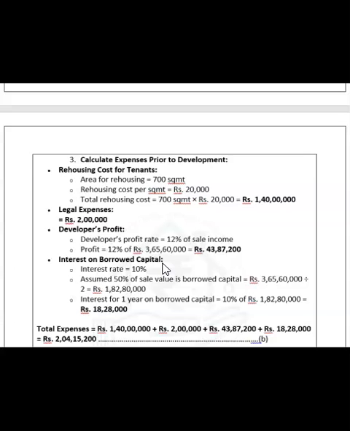First month he may require 50 lakhs, second month 40 lakhs, 30 lakhs. So total borrowing is 365 lakhs. Average interest will be applicable say on 50%. Interest for 1 year on borrowed capital, 10% of 50% of this, 1 crore 82 lakhs 80,000. So 18 lakhs will be interest.